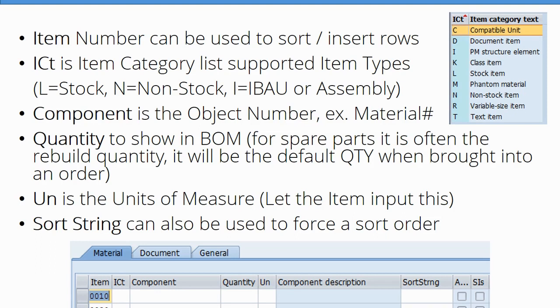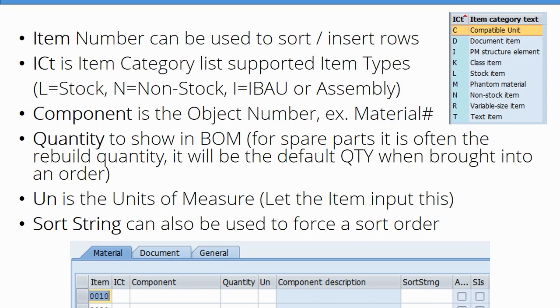And even if you put everything in properly, what if supply chain changes the item from a non-stock to a stock item, and they are able to retain the same material number? Then it'll be wrong in your BOM, but it doesn't really matter, because when you bring it into the order, the item category is automatically put in correctly at that point in time. So in a lot of companies, we just put L for everything because it's not 100% trustworthy that it'll be accurate. So that's what we'll be doing mostly initially.